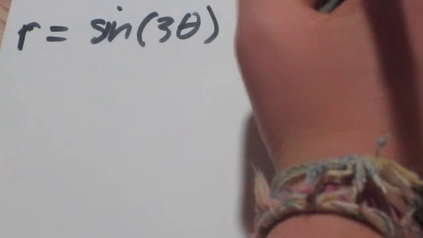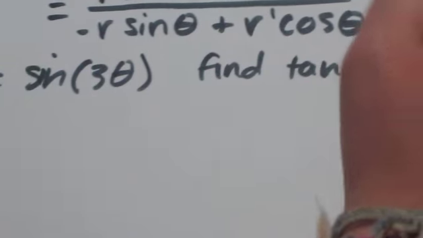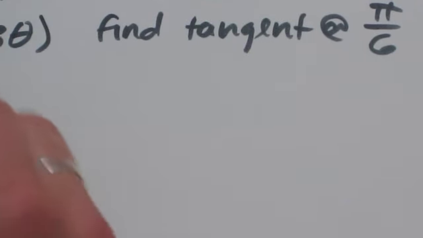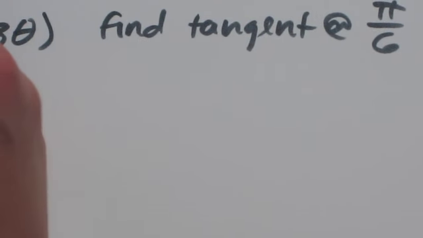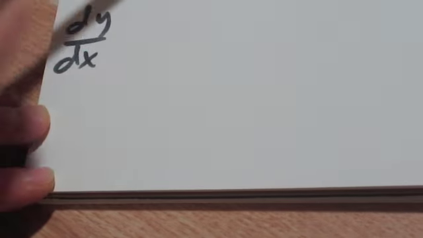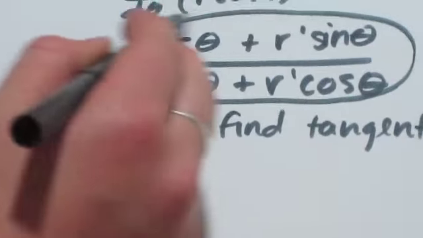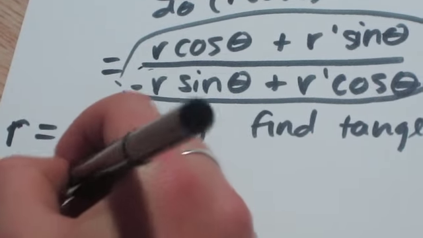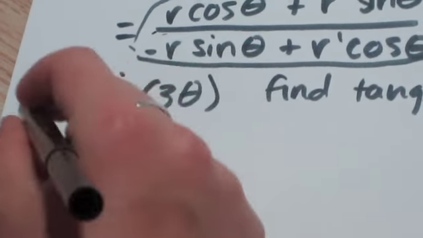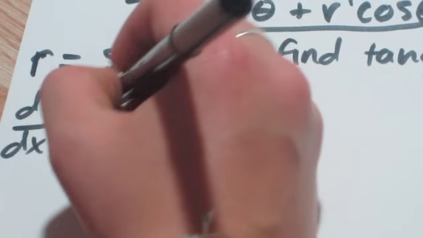So we're looking for dy over dx, which is equal to this equation that we found before. And so we'll just plug in r, which we know is sine 3 theta.